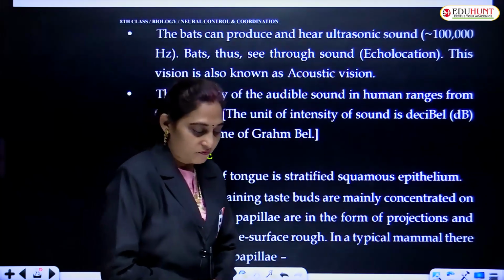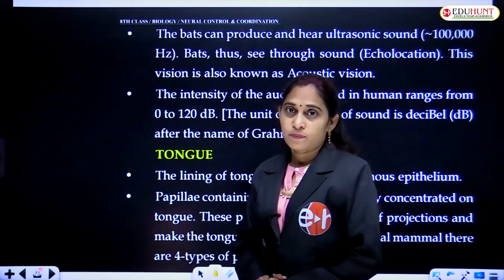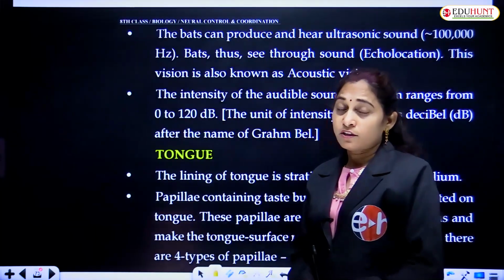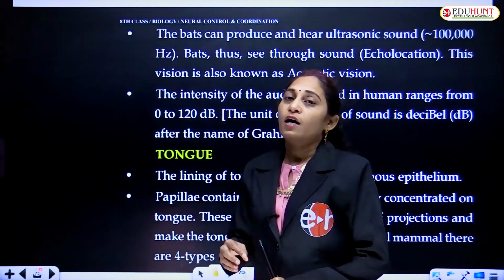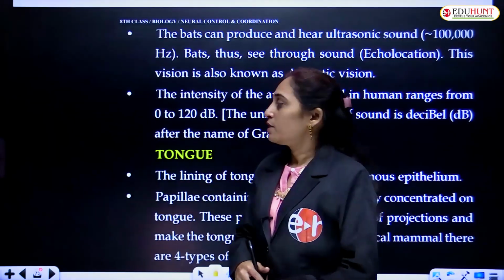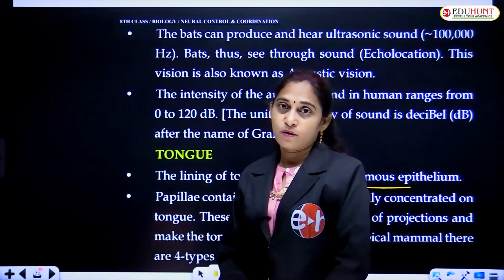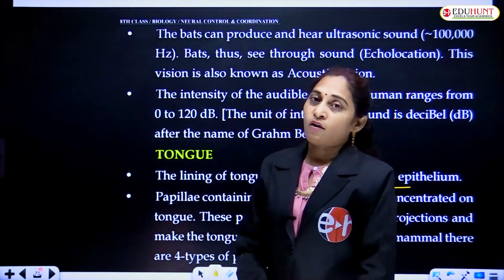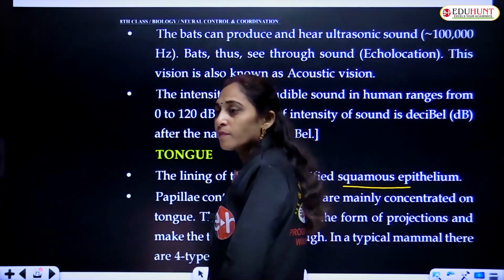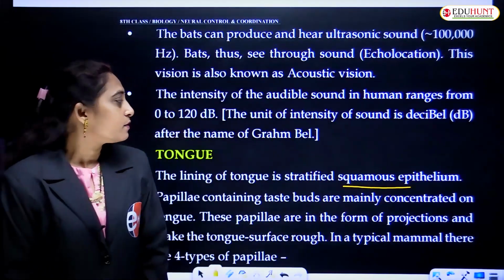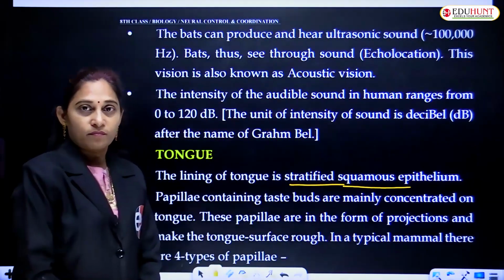We have different types of tissues in our body. Epithelial tissues are a kind of tissue. Among that, squamous epithelium is a primary one. In the squamous epithelium, there are different types. Under that, stratified epithelium is one.